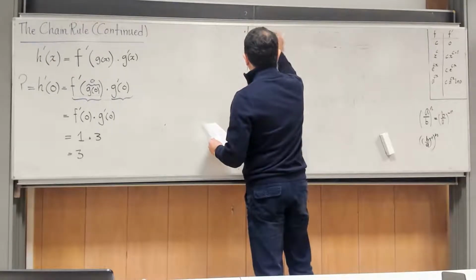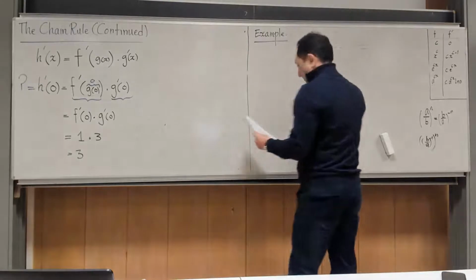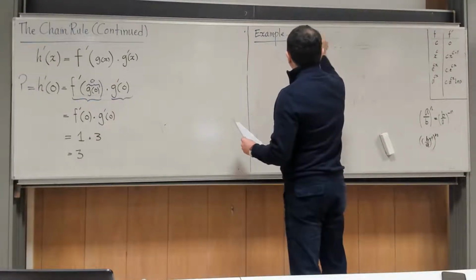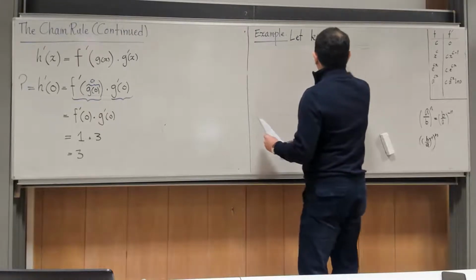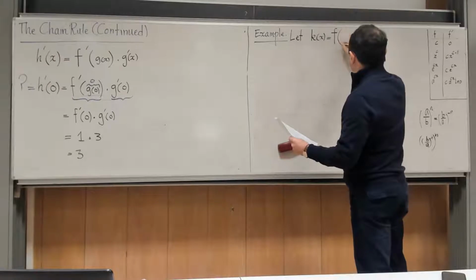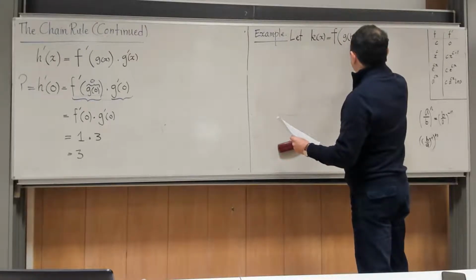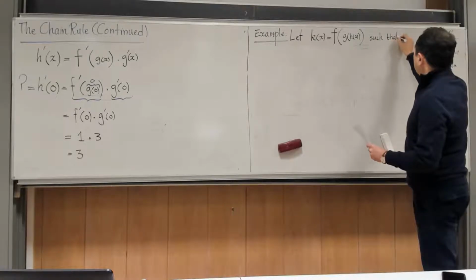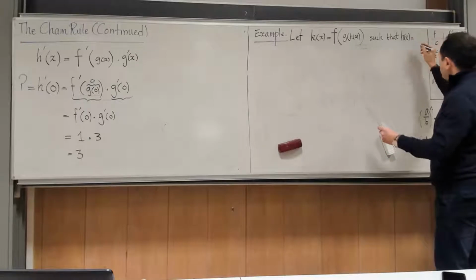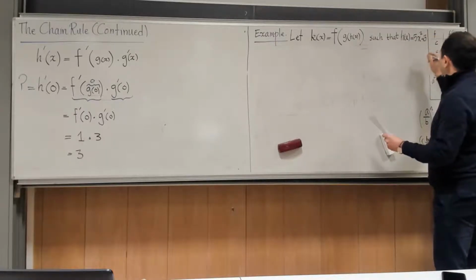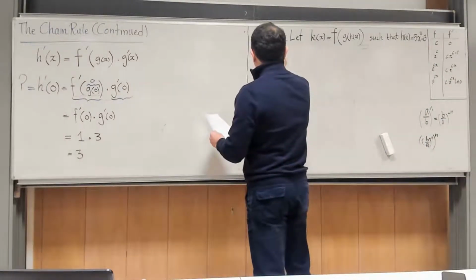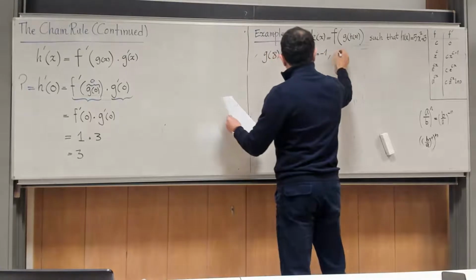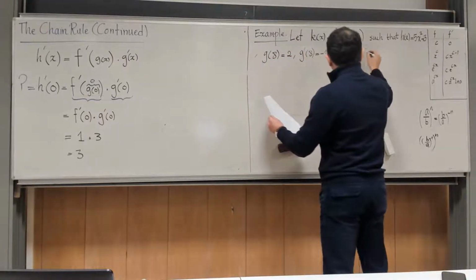So, example. Let's say, for example, k of x is equal to the composition of three functions, f of g of h of x, such that h of x is given to you directly. h of x is given to be 5x squared plus 3, such that h of x is this, g of 8 is 2, g prime of 8 is minus 1, and f prime of 3 is minus 3.